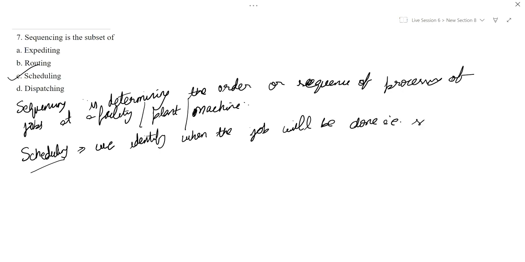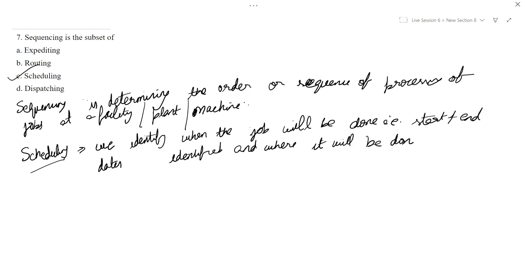That is, start and end dates are identified, and where it will be done. However, under scheduling, which jobs will be taken up first and which job will be taken up second is also identified. So this is important.